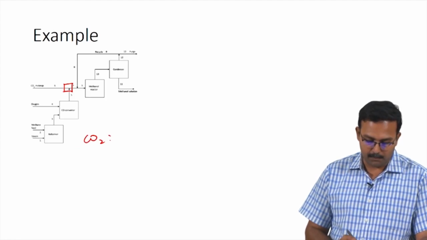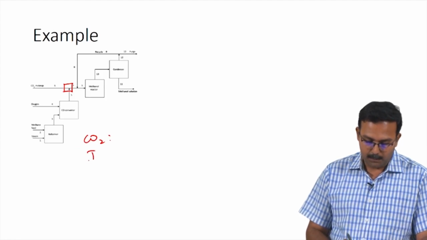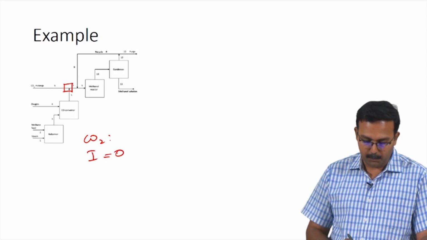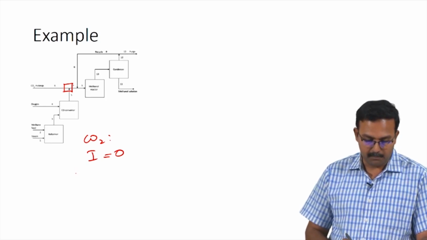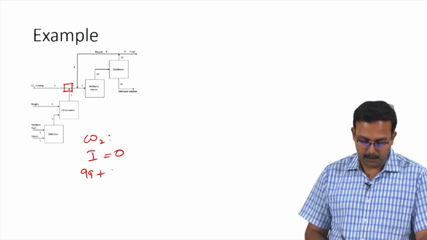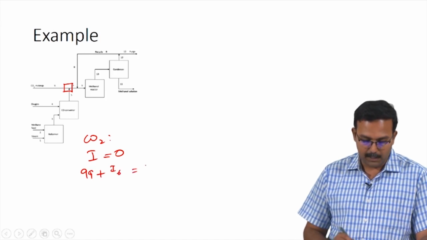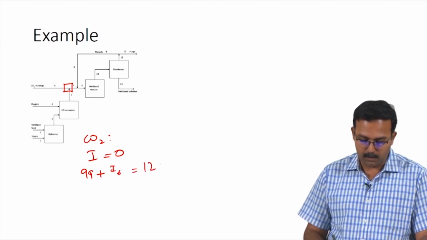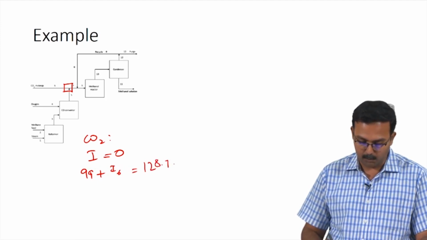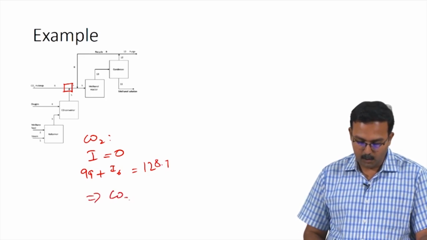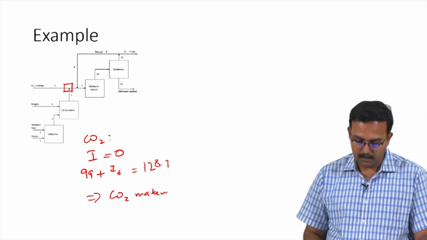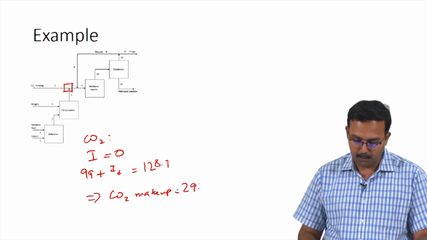The CO2 balance for the mixing point would be input equals output. So, you have two inputs here. One input comes from stream 5, which contains 99 moles of carbon dioxide, and you have another input from the CO2 makeup stream, we will just call that I6, would be equal to the output, which we know is 128.7 moles. So, this implies CO2 makeup which is given would be equal to 29.7 moles.